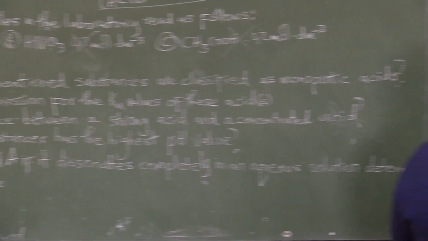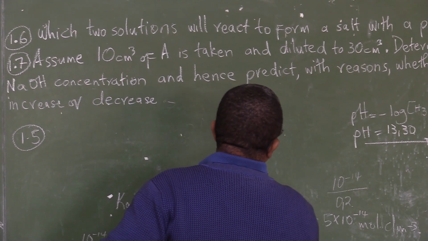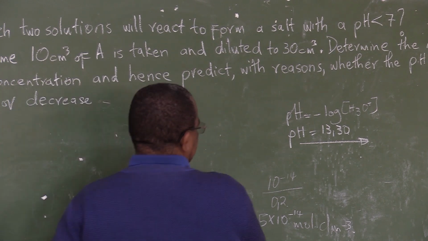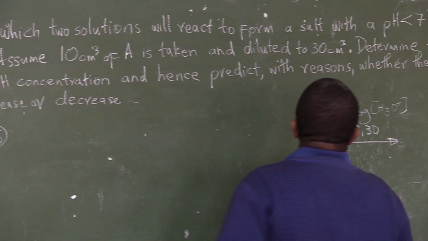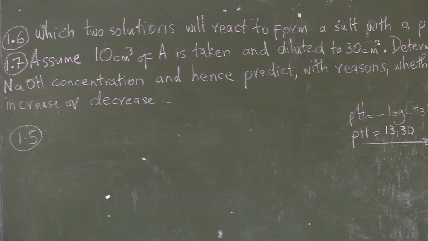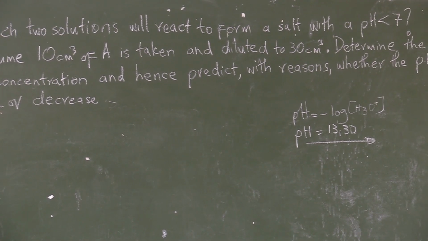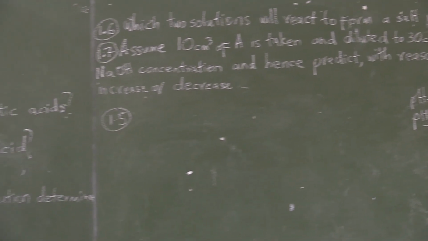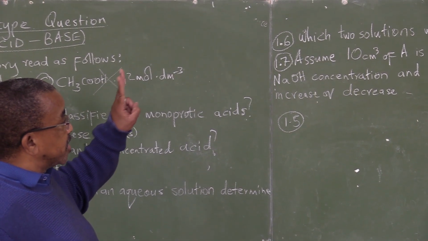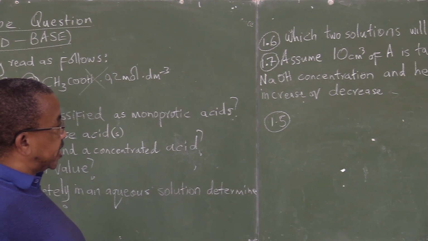1.6 Which solution will react to form a salt with a pH which is less than 7? Which two solutions will react to form a salt with a pH less than 7? That means the solution will be acidic.